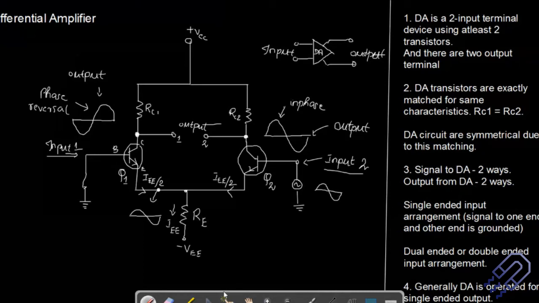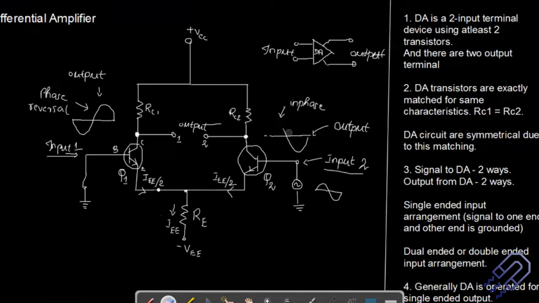Let me rub this out, and then on this end, if you are going to measure the signal, you are going to have a phase reversal. This will become out of phase now.